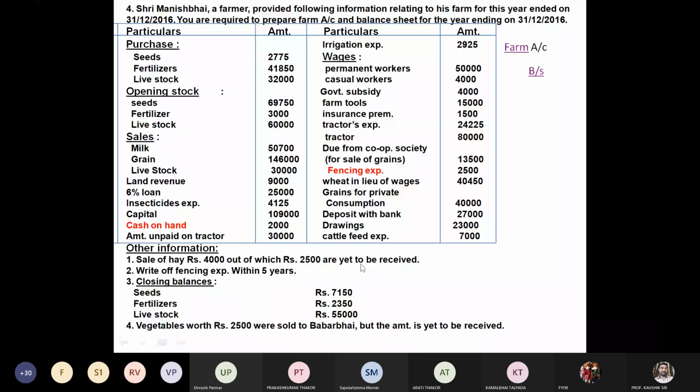Means the amount of sales is 4,000, out of which 2,500 is yet to be received, so it is a credit sale. What is the amount of cash sales? 4,000 minus 2,500, amount of cash sales is 1,500. Okay, go to the balance sheet.